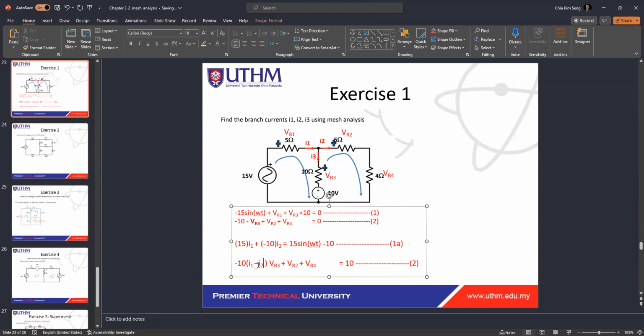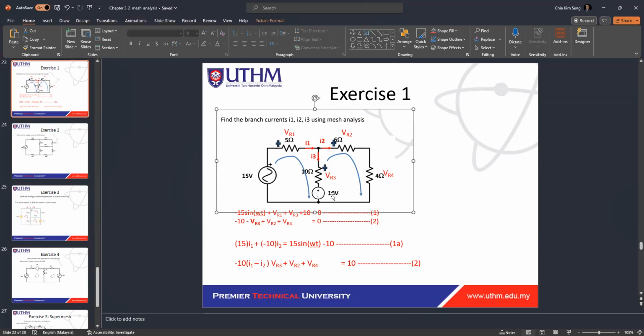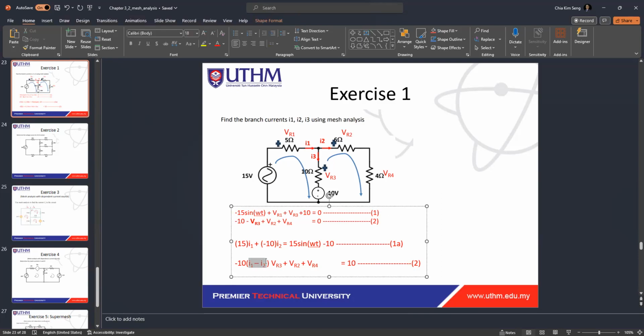So this one needs to be changed because of the sign. So we get negative 10 volt and then negative VR3. So this one needs to be maintained, it cannot be changed. Then we can remove this one.